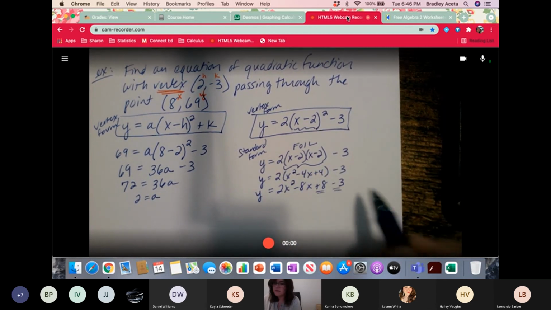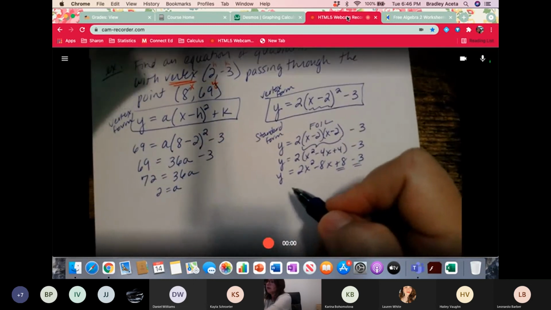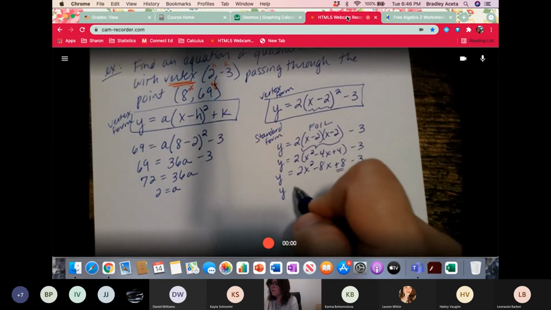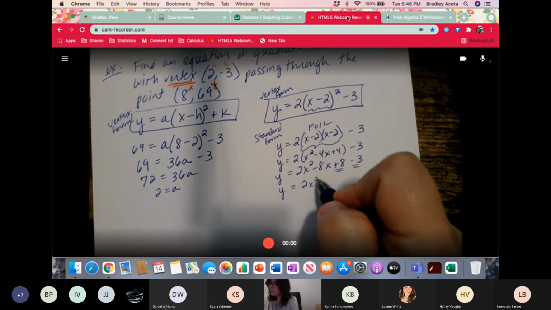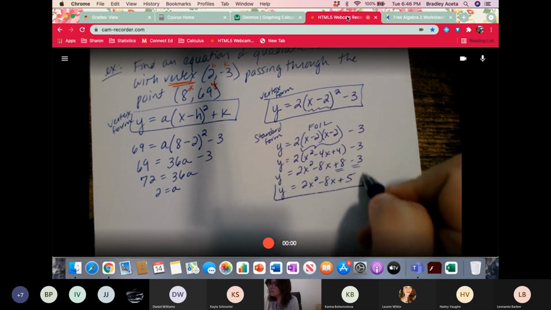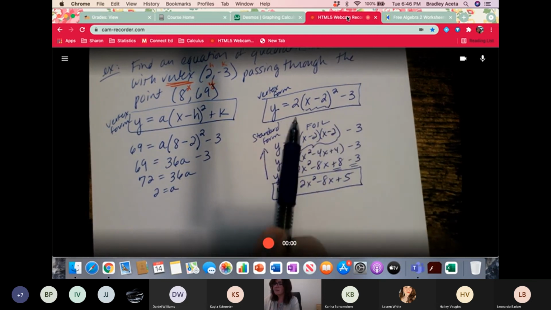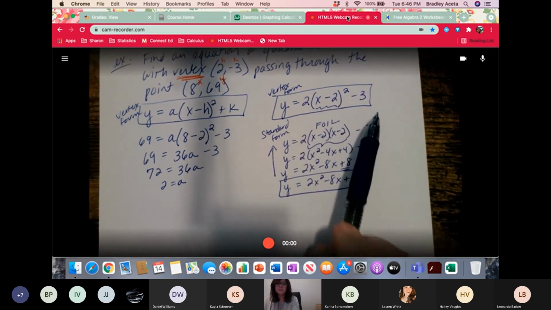And then combine the two numbers here. Y equals 2x squared minus 8x plus 5. That is standard form. That is vertex form.